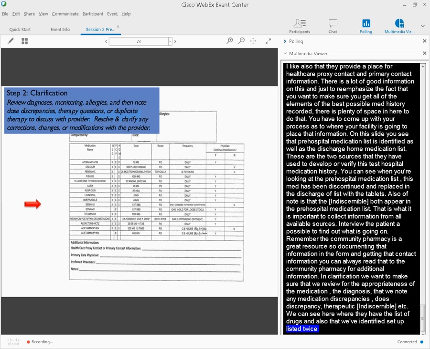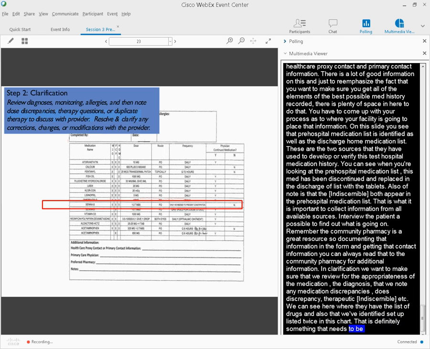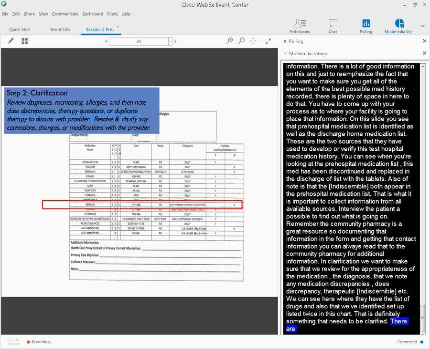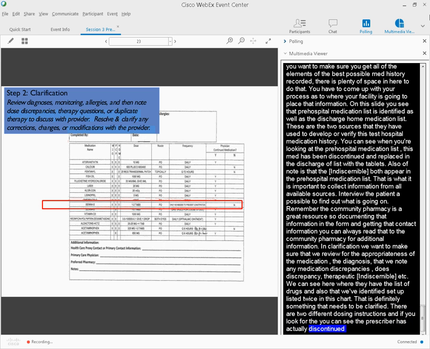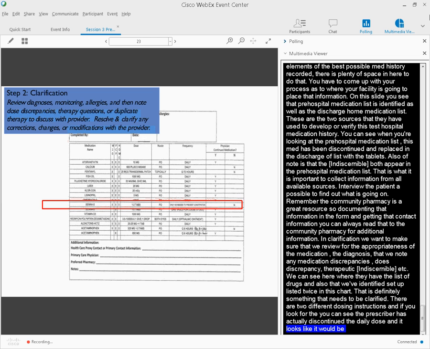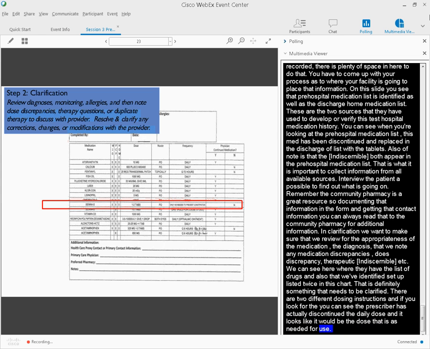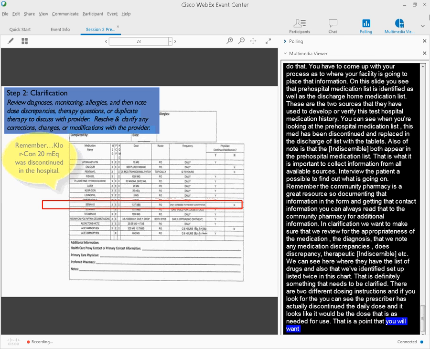So that is definitely something that needs to be clarified. There's two different dosing instructions, and if you look further over, you can see that the prescriber has actually discontinued the daily dose, and it looks like that would be the dose that is as needed for use. But again, that's a point that you're going to want to clarify before you do your final documentation and reconciliation.